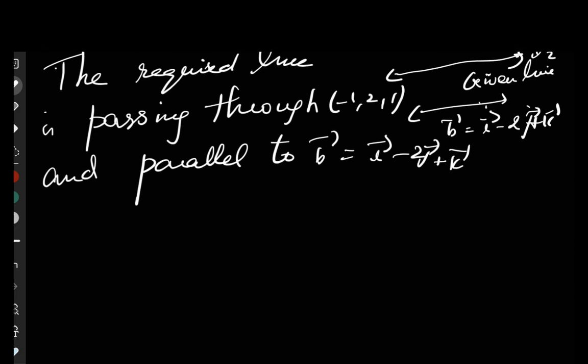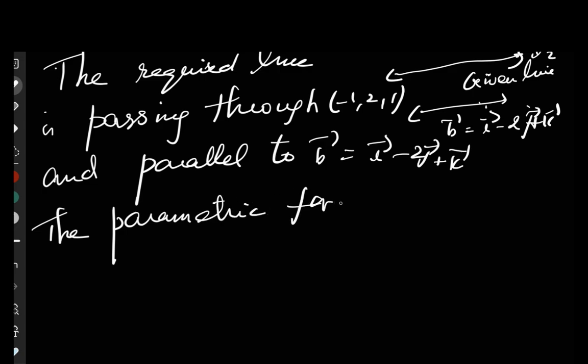So you have to find the parametric form. Parametric form is vector R equals, let me take the point as C, plus t times the same parallel vector.